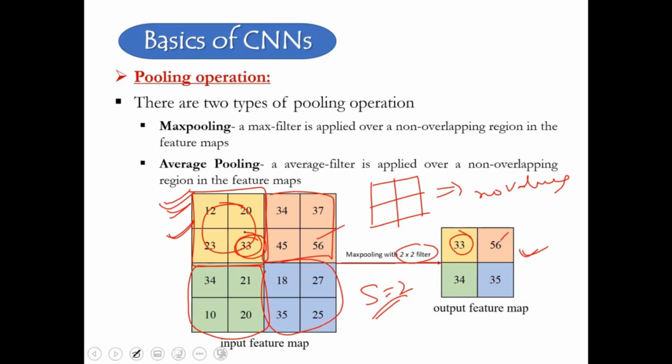So we are extracting the highest one and representing it in a lower representation. After that, on that pooled feature map, we apply other convolution and pooling layers.